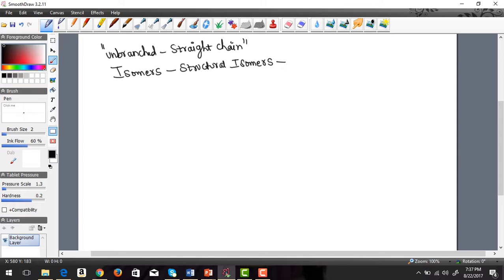The compounds have the same formulae, but a different way of arranging them.